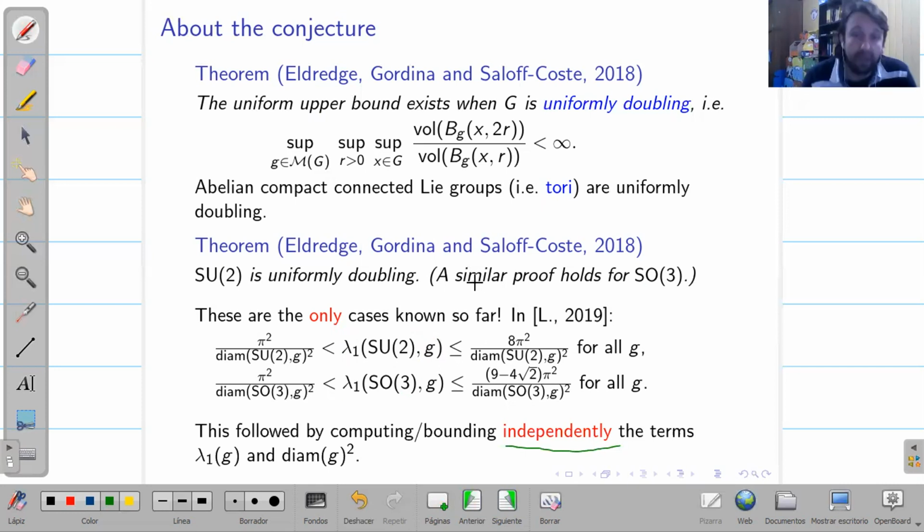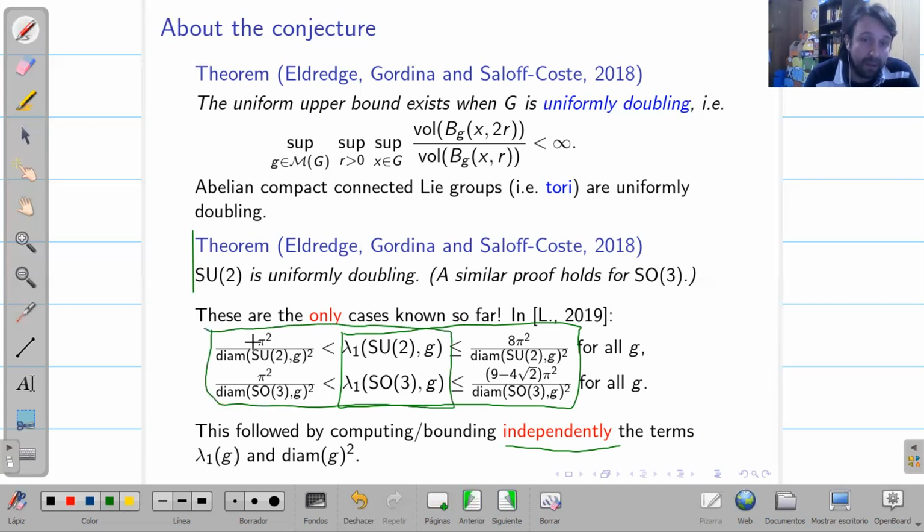When we put them together, we obtain this. So this is an alternative proof for this result, which was already proved. And this is also an alternative proof, in this particular case, of Peter Li's theorem, with a constant a little better than the pi squared over 4 he proved, but of course his result holds for every compact group. So we could improve it a little bit.